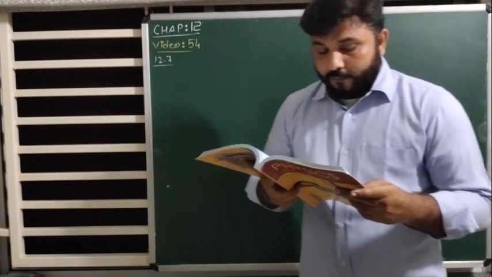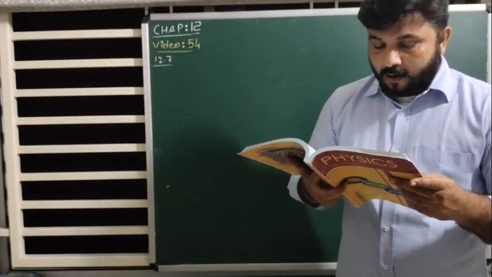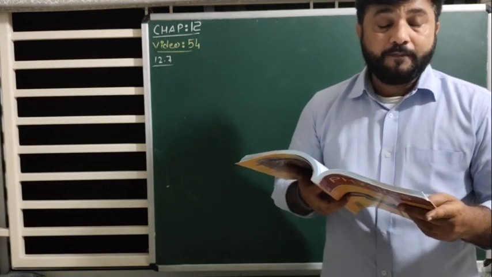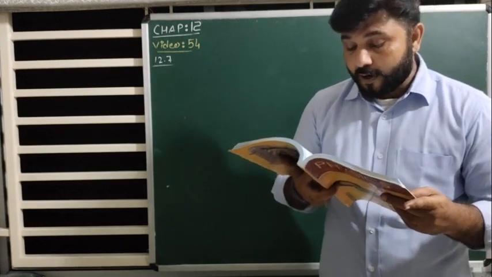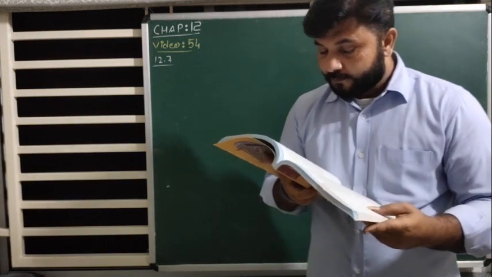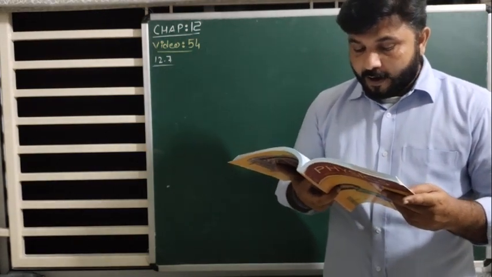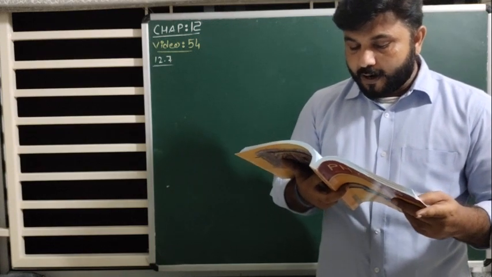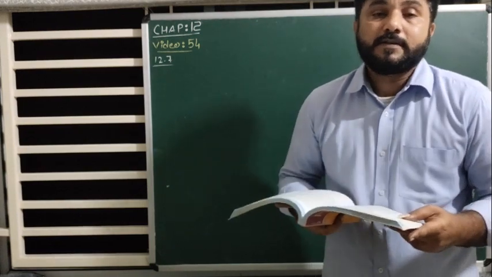What is given? By using Bohr's model, calculate the speed, means velocity you have to calculate. Calculate the speed of an electron in a hydrogen atom in n is equal to 1, 2 and 3 levels.